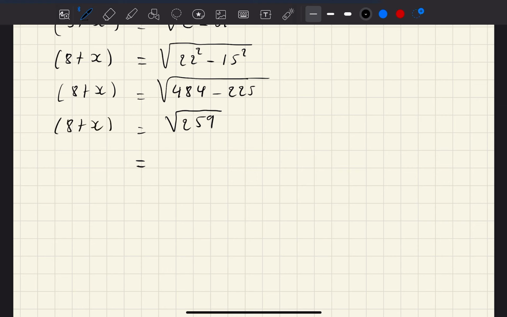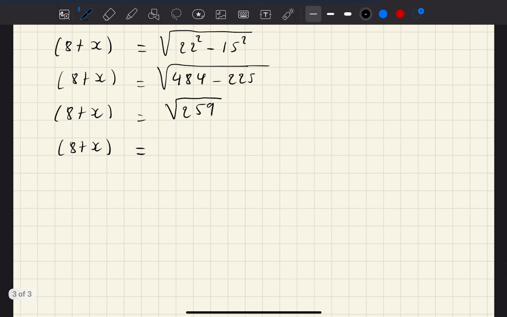8 plus X, 8 plus X, and now I'm solving for that 259. So we need to find the square root of 259. Come on, guys. It's not that hard. According to my calculator, it's approximately 16.09.